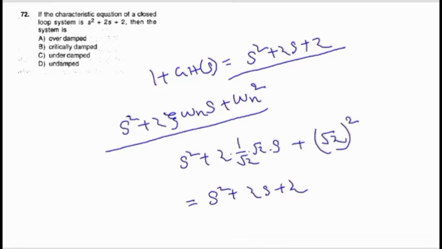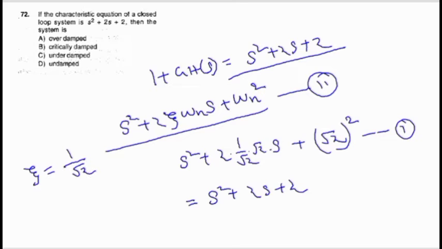Comparing these equations, zeta is 1 by root 2. As zeta is 1 by root 2 and it is less than 1, the system is considered to be underdamped, right? Less than 1 means underdamped, greater than 1 means overdamped, and equal to 1 means critically damped.